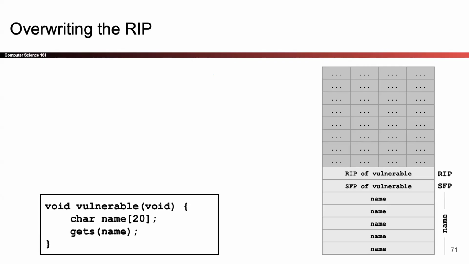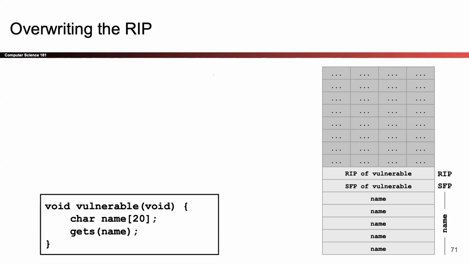After means higher addresses, larger addresses, so up. So SFP is the next thing that gets overwritten. And then what gets overwritten after that? EIP, the RIP. So if you provided input that was really long and just random characters, the SFP and the RIP would get overwritten with random stuff.